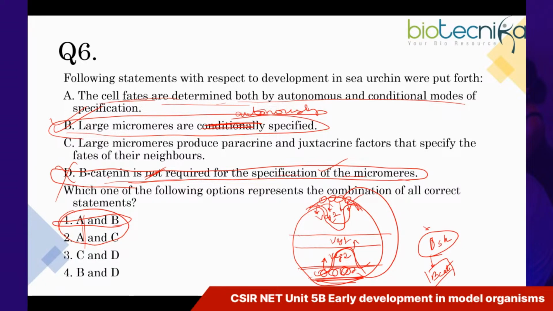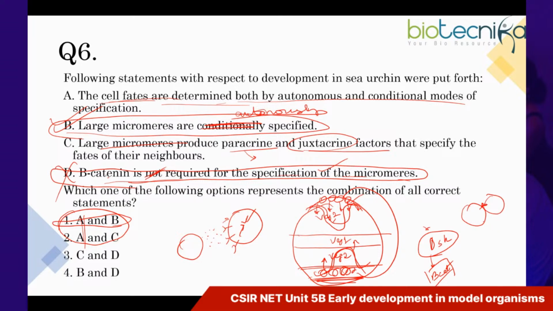Now, how do large micromeres tell that? They produce paracrine and juxtacrine factors. Paracrine means cells release some secretory molecules which reach the nearby cell's receptor, and we get a response in the cell. Juxtacrine means a contact is required, like delta and notch signaling.